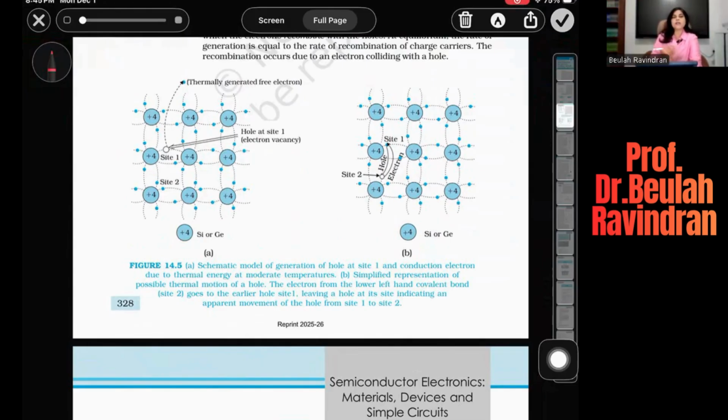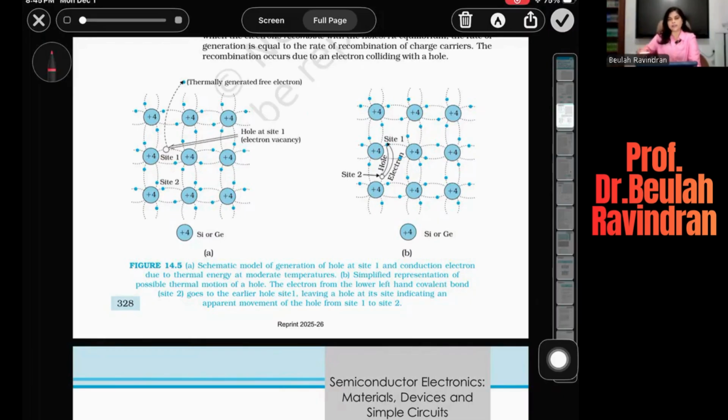So intrinsic is highly expensive. In order to keep that at a temperature, it has to be maintained in perfect laboratory equipment and everything. So if the material is doped with some other materials, the semiconductor is based on its valency.